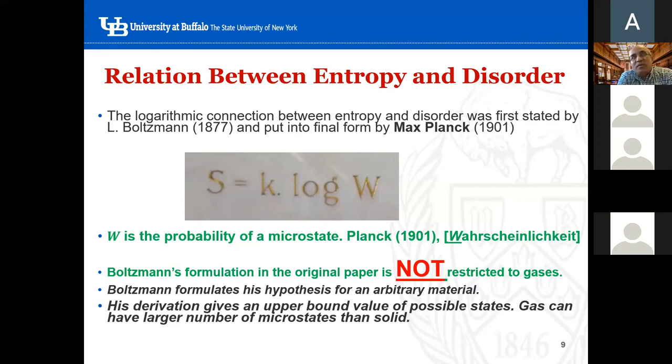It was assumed that it is just for gases. But when I went through it, I was able to first see, and then later on in the last 30 years, prove that this equation is not actually for gases. It is true for everything.